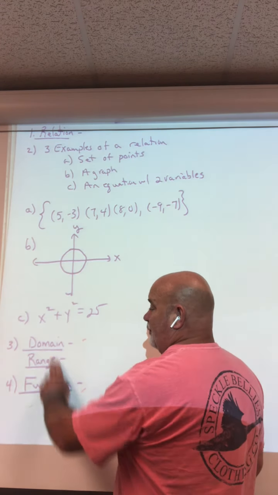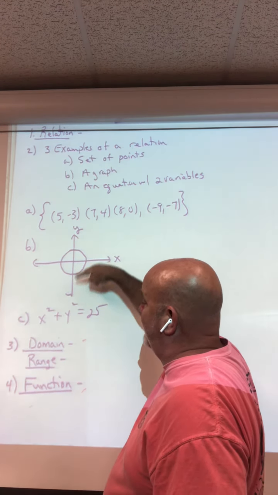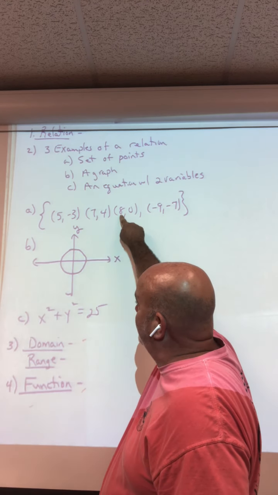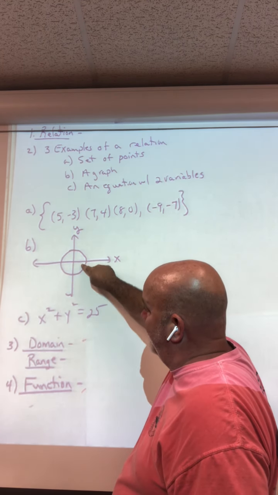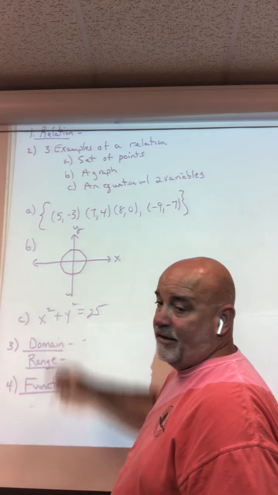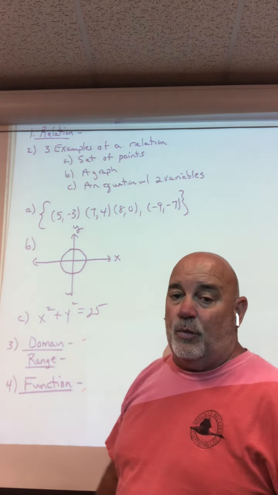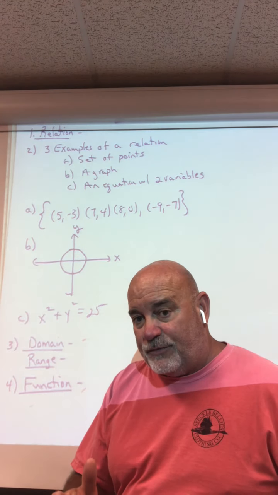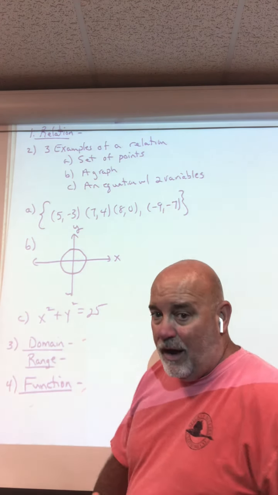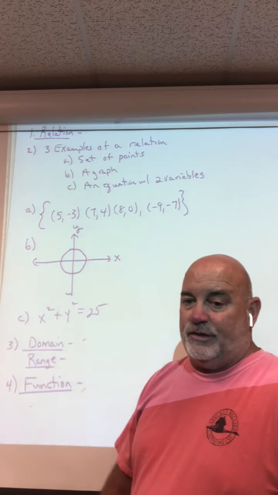So we're going to do all three of these things in each of these cases. So these three questions with this, these three questions with this, these three questions with this. So that's really 9 different things if you look at 3 with each one. But we're going to do ordered pairs first, then we're going to do graphs, then we're going to do equations.